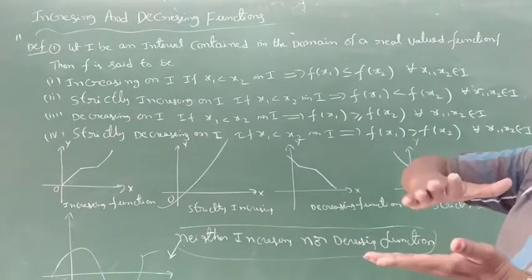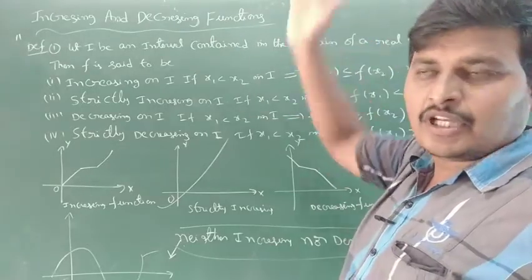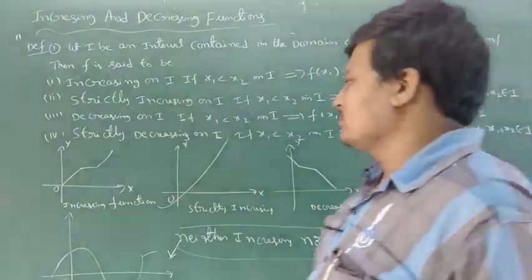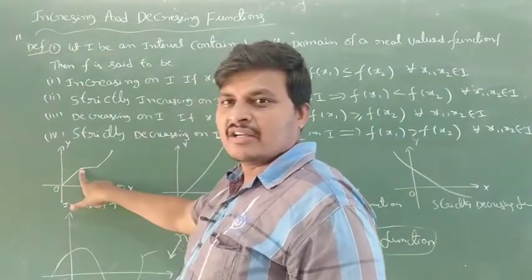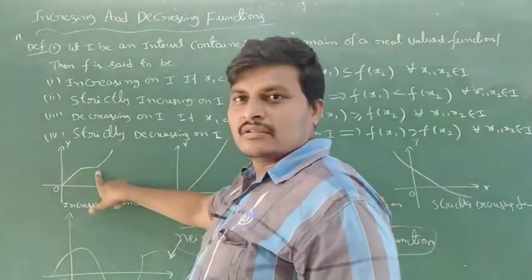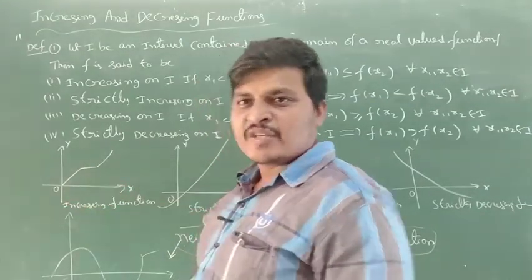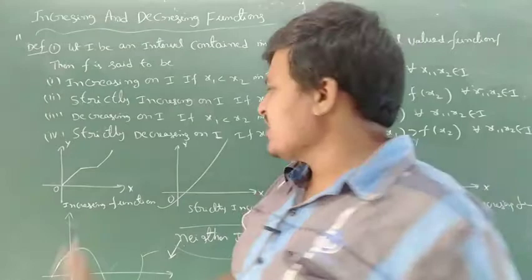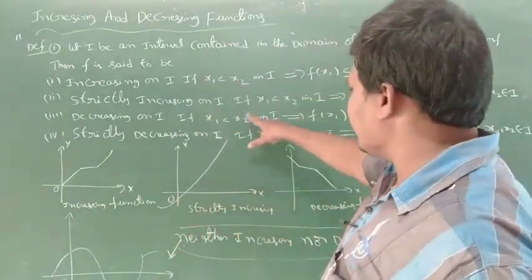Diagrams. Increasing means the graph goes up from down to up. But if it has a flat part, that is not a perfect increasing; only the one that always rises is strictly increasing.